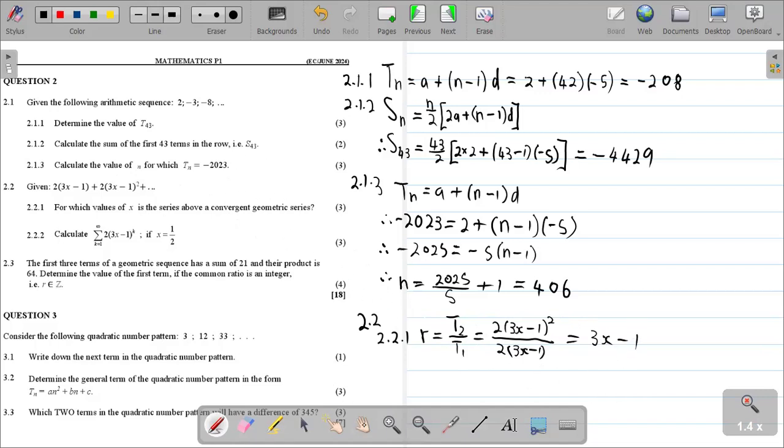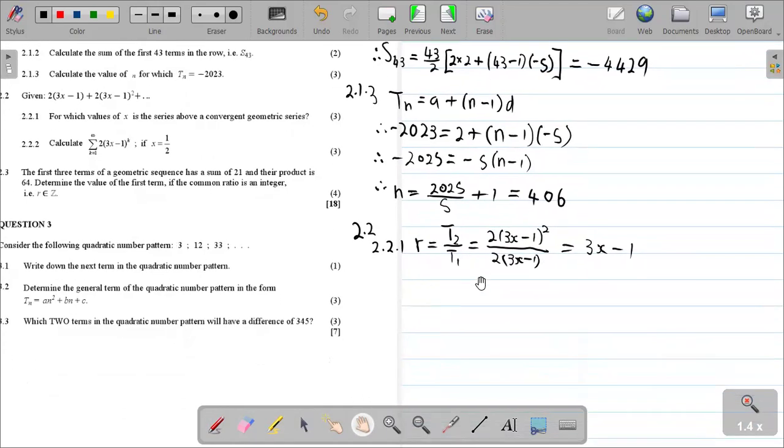So if we want the thing to be convergent, what does that mean? It means that the ratio that we found here should be between what? Between negative 1 and 1.